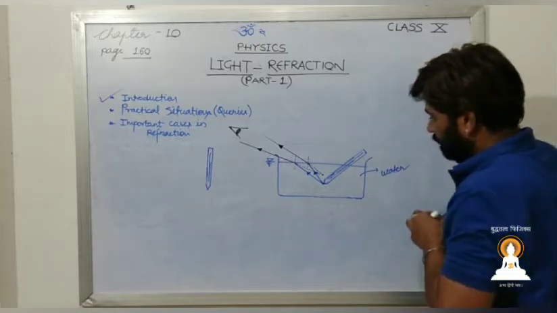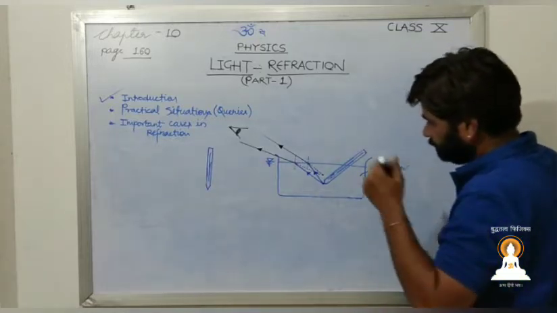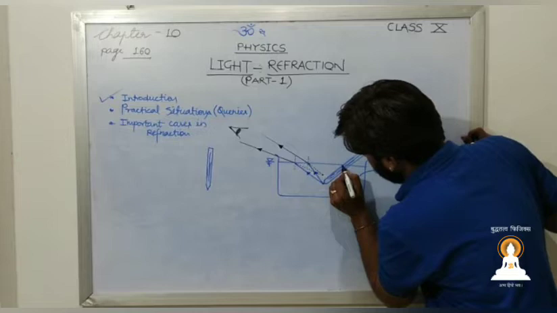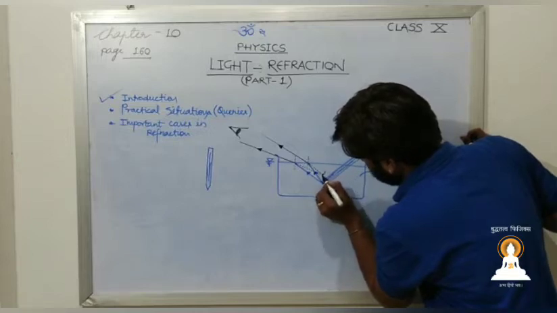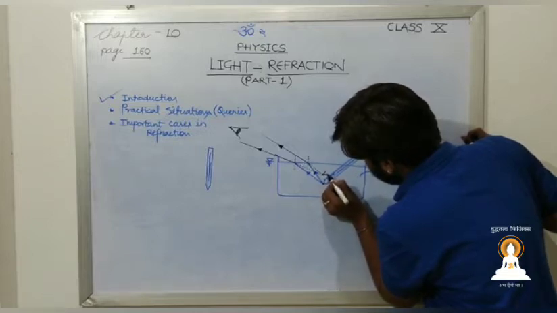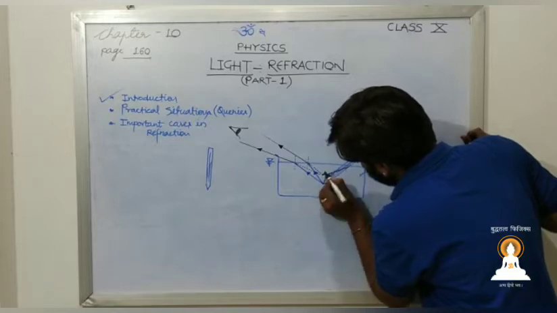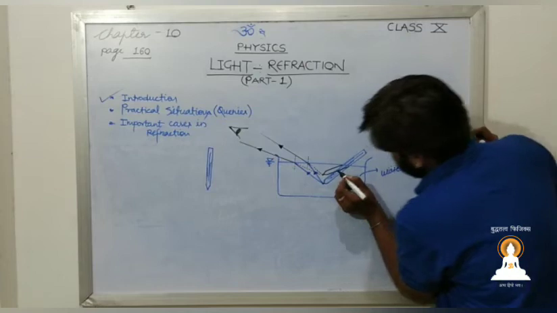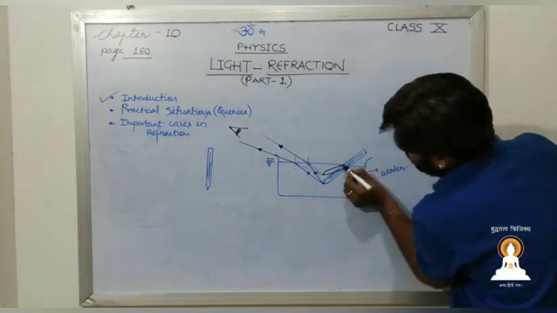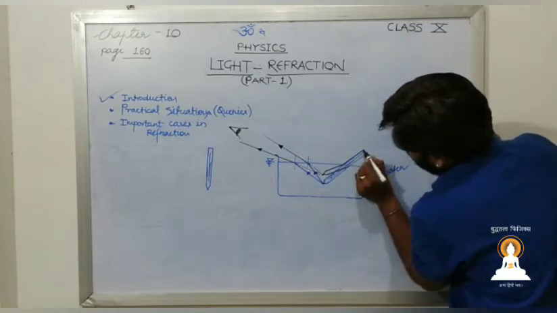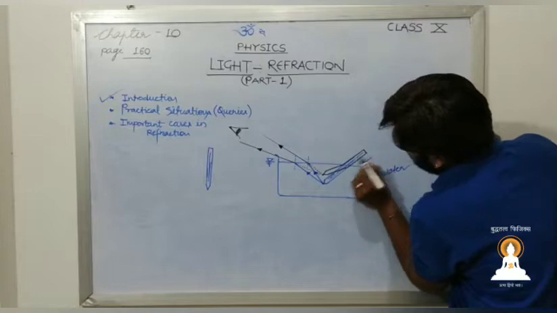Now if I draw this, it will look like this. So this time we have the pencil tilted like this. Now if I draw the final diagram, it will be like this.